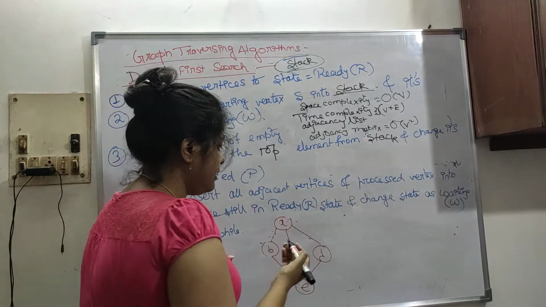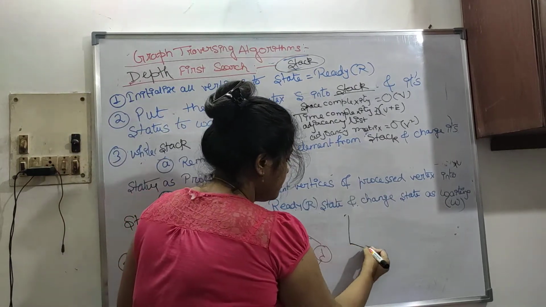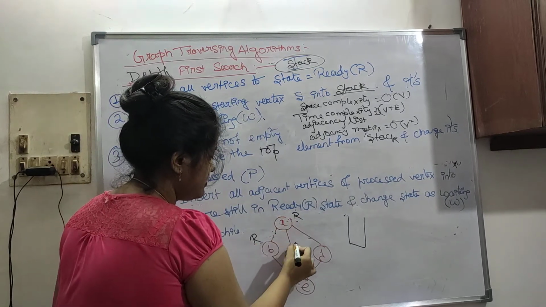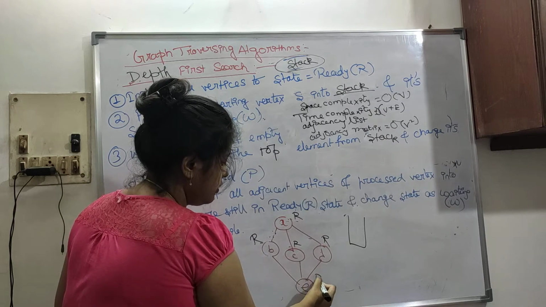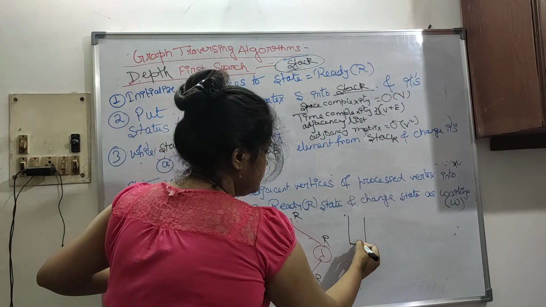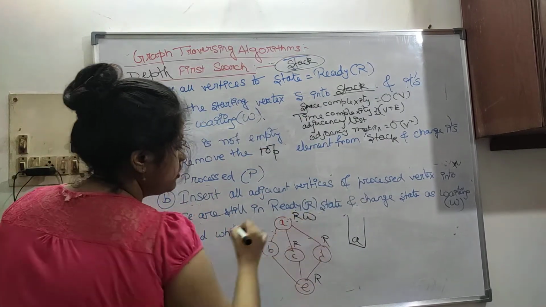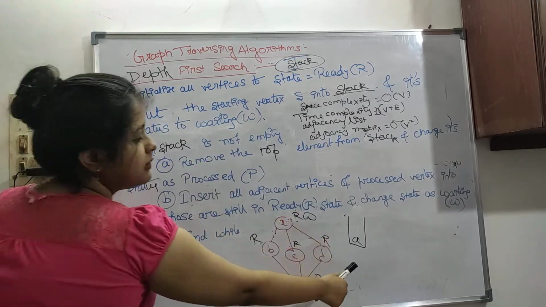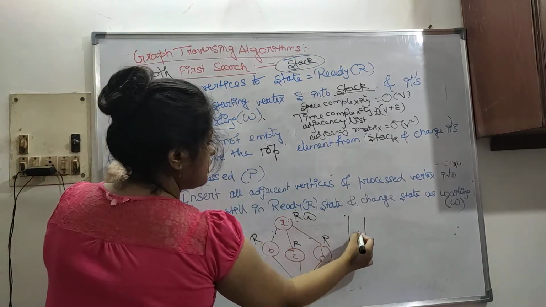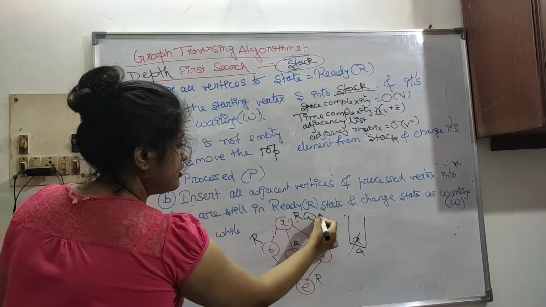Now let's see the example here. This is our previous example only, so we will see how this is implemented with the help of a stack. First, all are taken as ready state. Now put the starting vertex S into the stack, and its status is waiting. Now while the stack is not empty, 3A, remove the top element from the stack and change its status to processed.